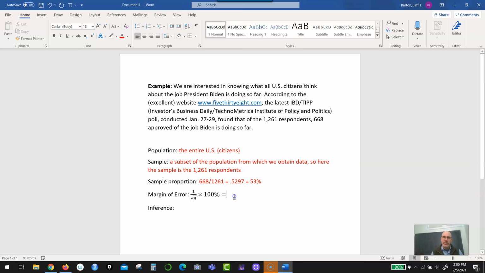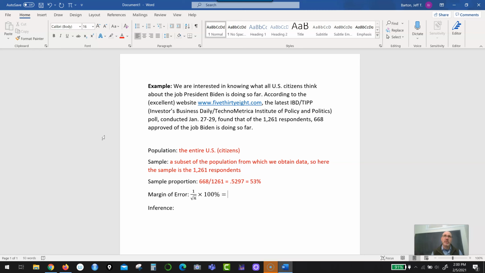Now, because we only took a subset of the population, right, we shouldn't expect that 53% to be exactly accurate, right? The sample represents the population, but if we chose a different sample of 1,261 people, we would get different answers and likely a different sample proportion.